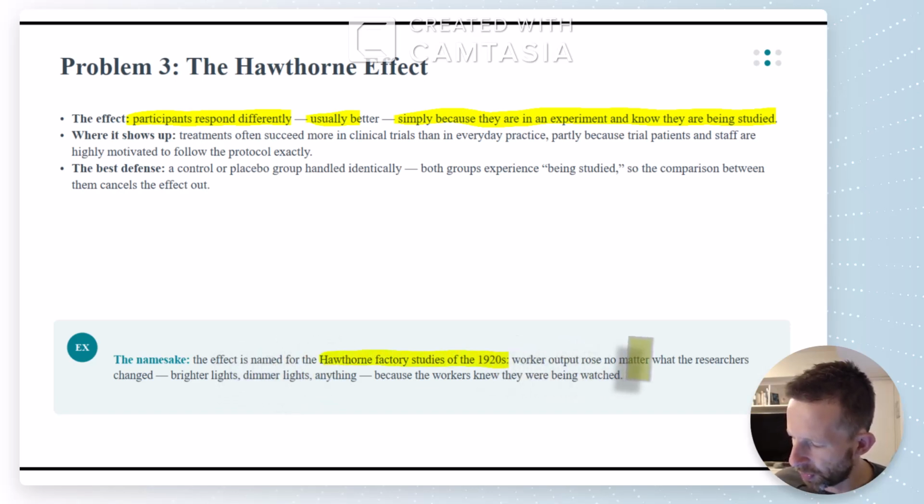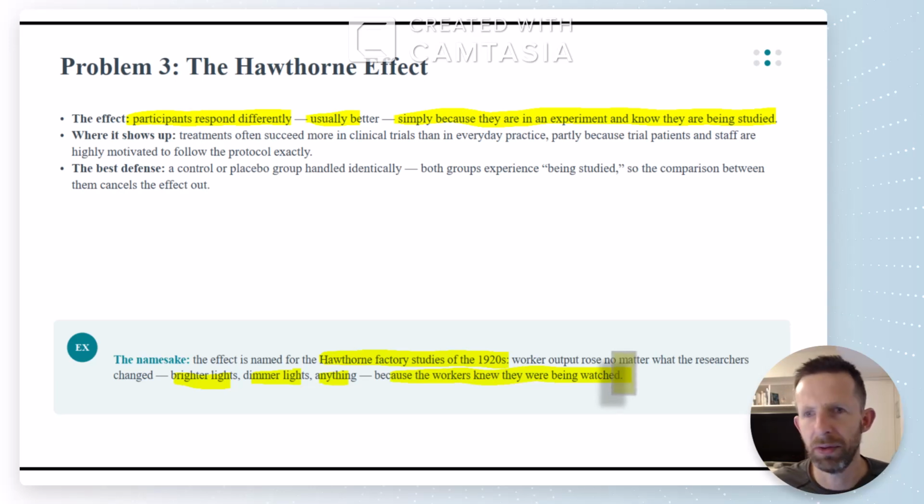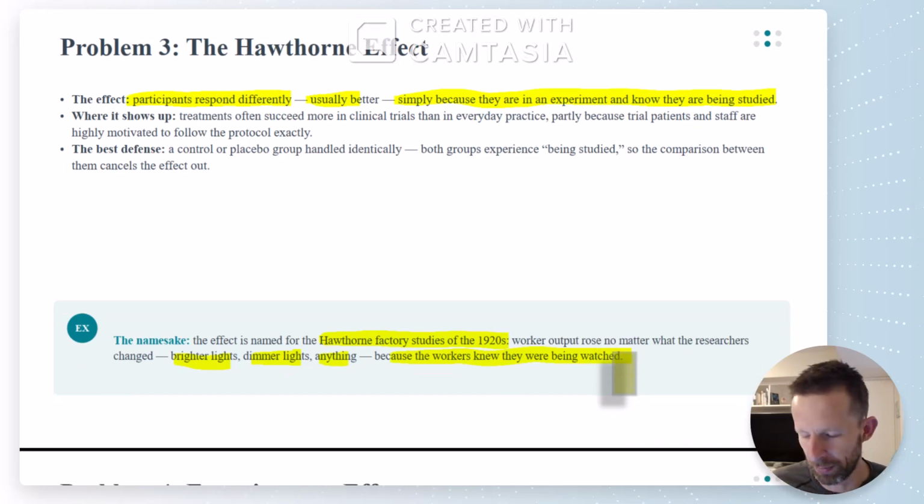Worker output rose no matter what the researchers changed: brighter lights, dimmer lights, anything, because the workers knew they were being watched. So they told the workers that they wanted to measure different things to see if they increased productivity. And shockingly, every single thing that they tried increased productivity, mostly because the workers knew they were being watched.